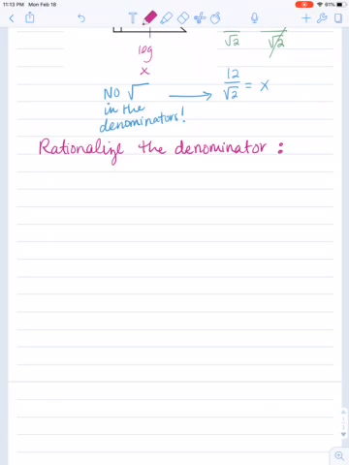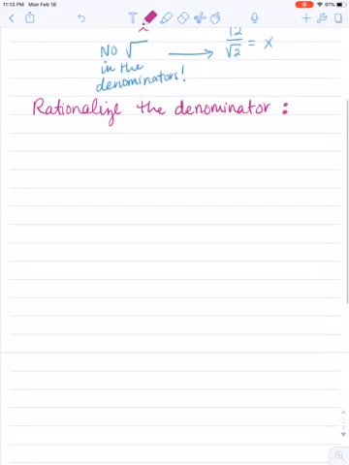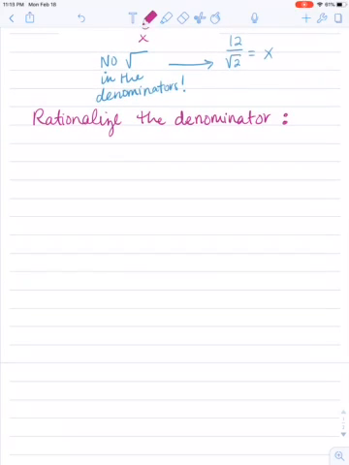Rationalizing the denominator, and you will have a few examples on your homework like this to help you practice, okay, because you need to know. Here's what it means: the goal is to get rid of the square roots in the denominator, okay? You should probably write this in your notebook since your quiz is open note.